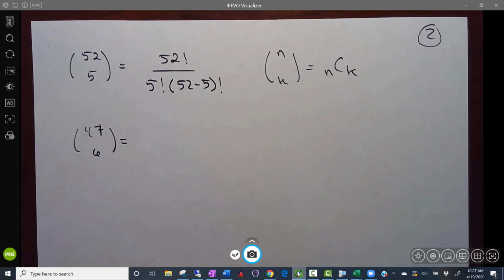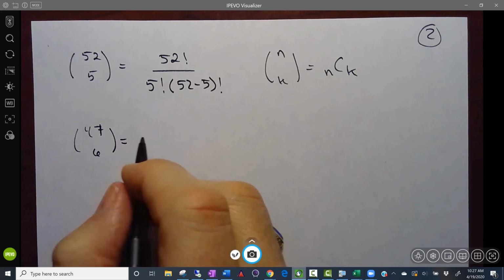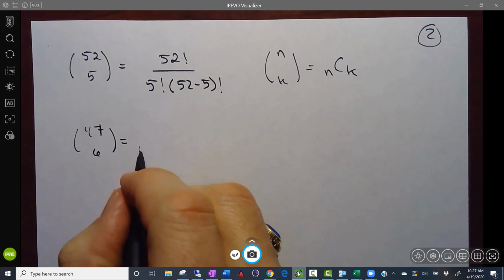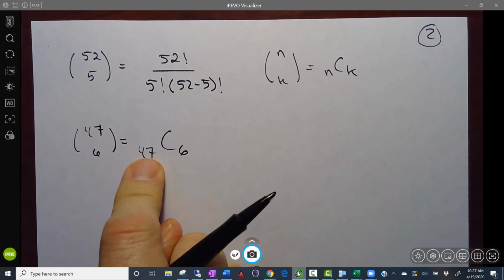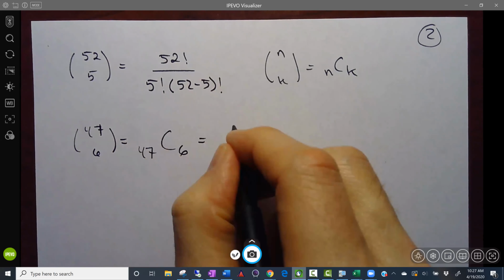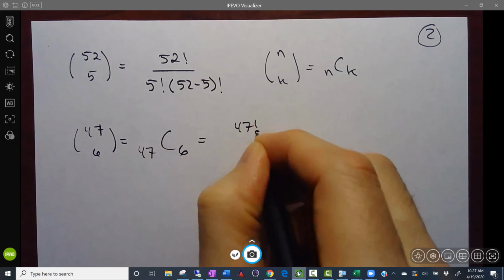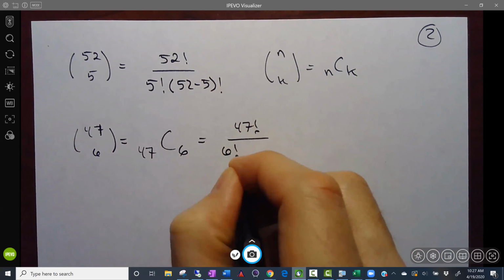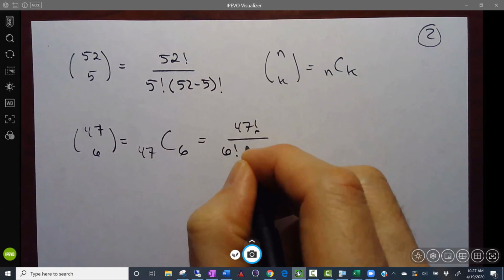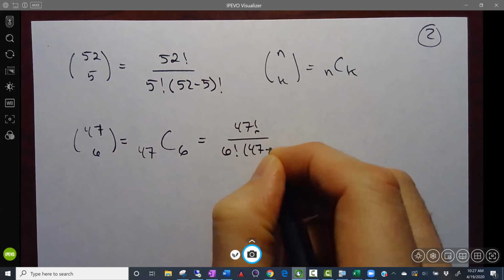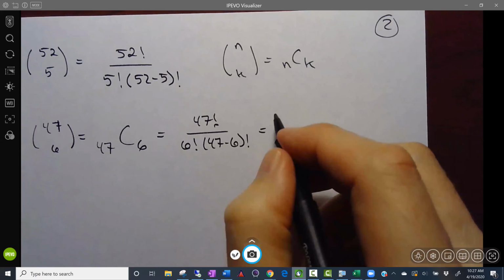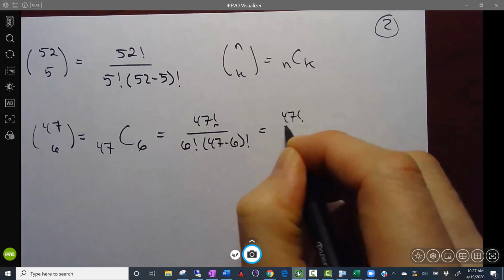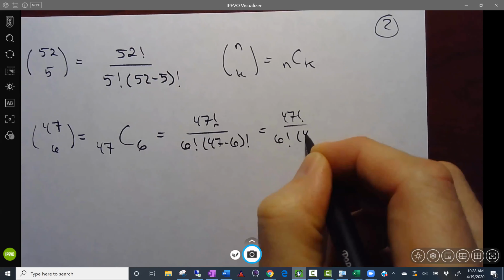You have to match 6 of them. So let's figure out how many different ways there are to choose 6 numbers out of 47. So that would be 47 factorial over 6 factorial times 47 minus 6 factorial, which would be 47 factorial over 6 factorial times 41 factorial.